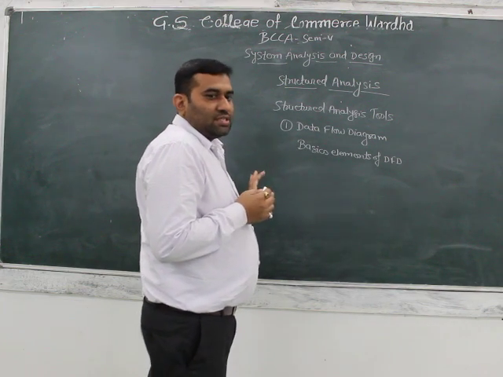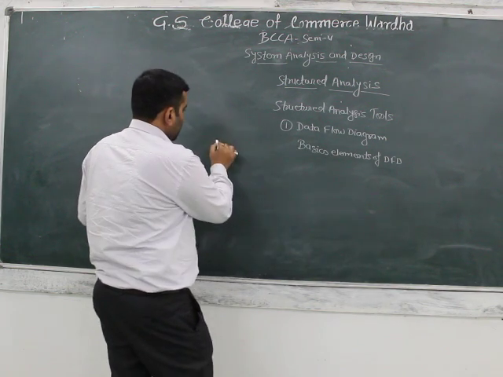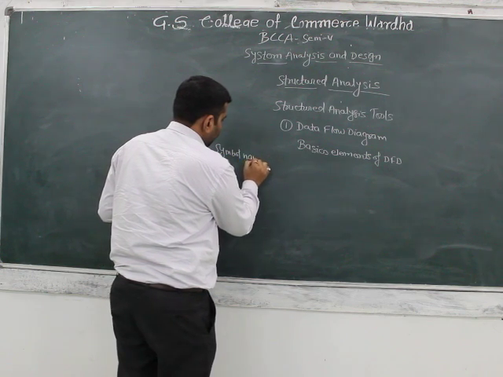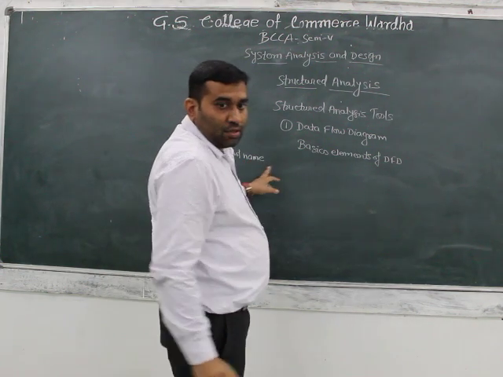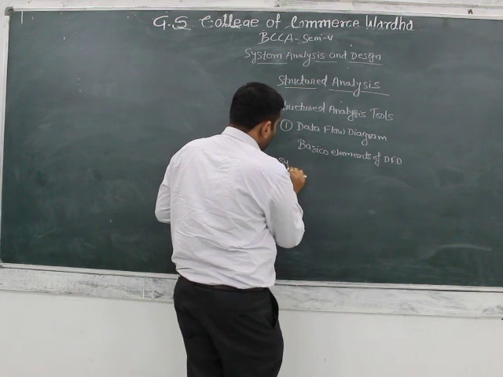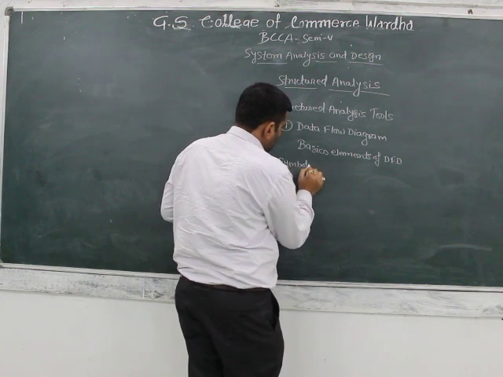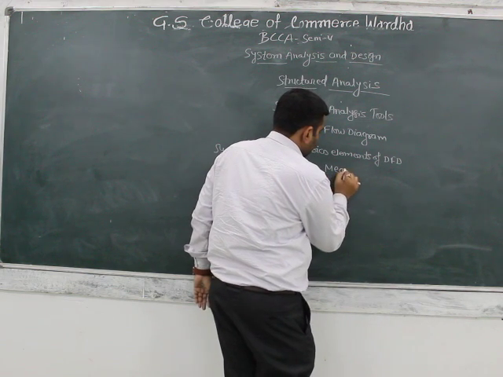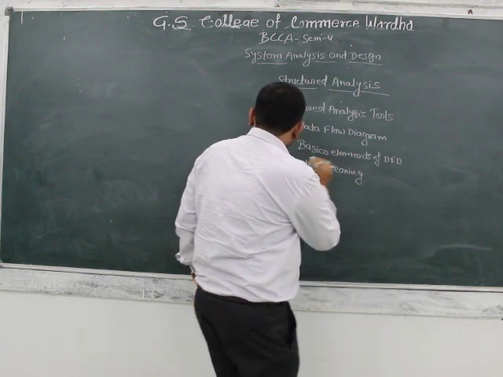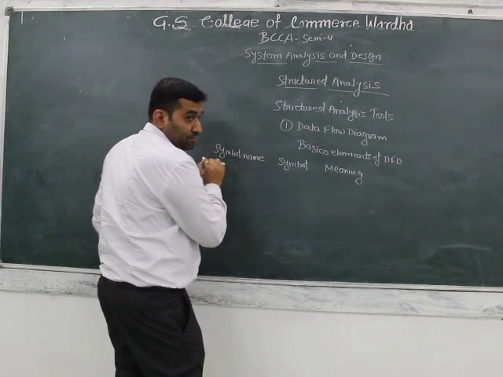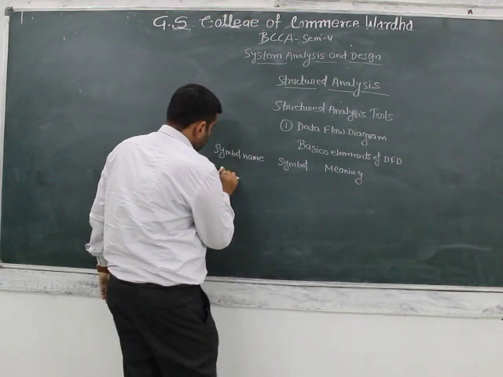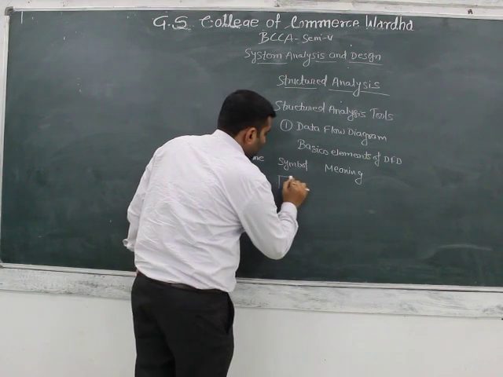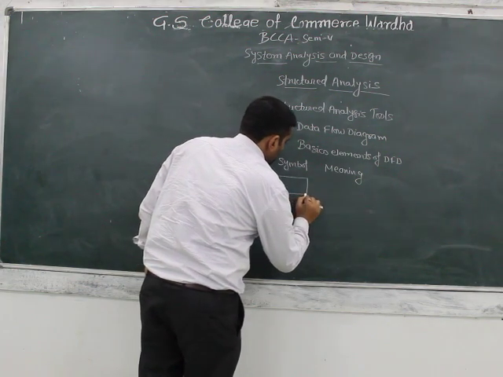These types of symbols are used: symbol, name, then meaning. The first symbol is a square.